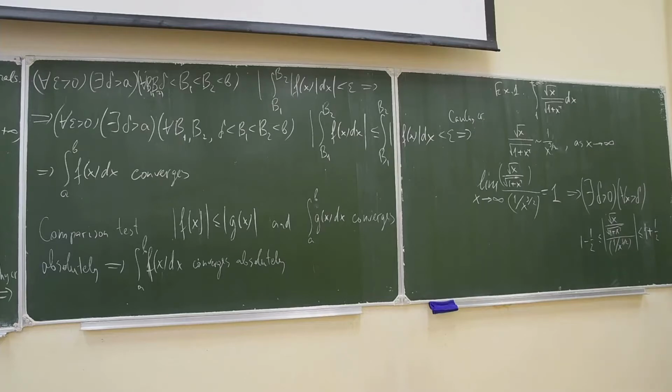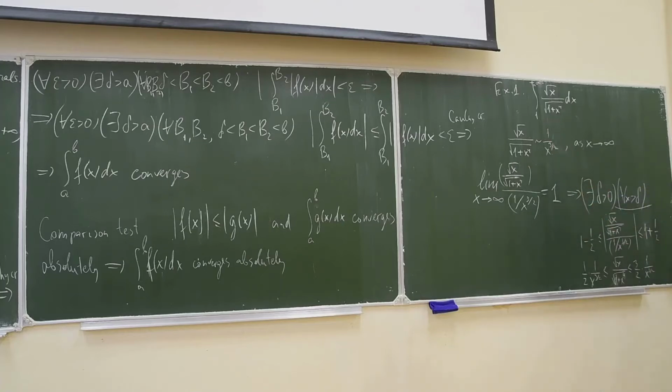Now, what it means, let me rewrite it. 1 half times 1 over x to the 3 over 2 is less or equal to square root of x over square root of 1 plus x to the power 4, which is less or equal to 3 over 2 times 1 over x to the power 3 over 2. That is valid for sufficiently large x, right? But if we are interested in convergence of an improper integral, then it doesn't matter where we start.